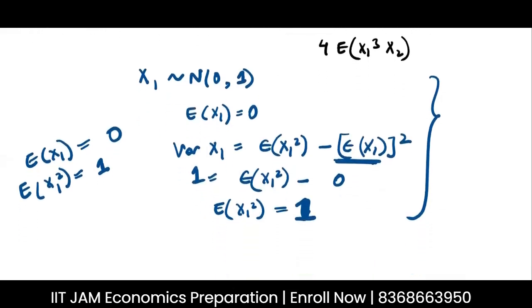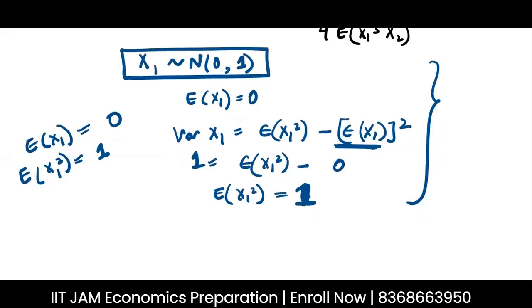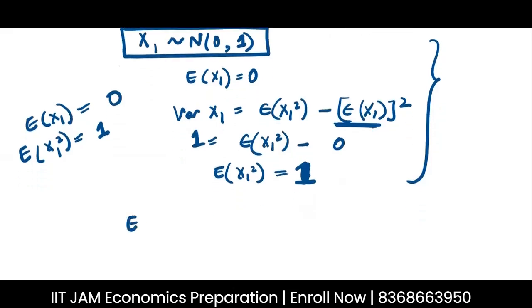Now any variable which is normally distributed with mean 0 and variance 1, which is known as a standard normal variable, also has a property that we can go ahead and talk about, and I'll come back to that property. Suppose I tell you, what is E of (x1 minus mu) whole cube?